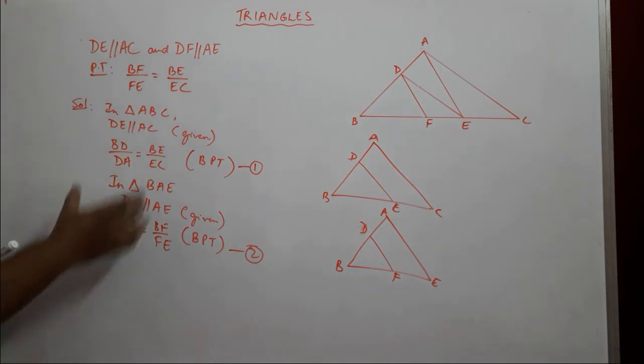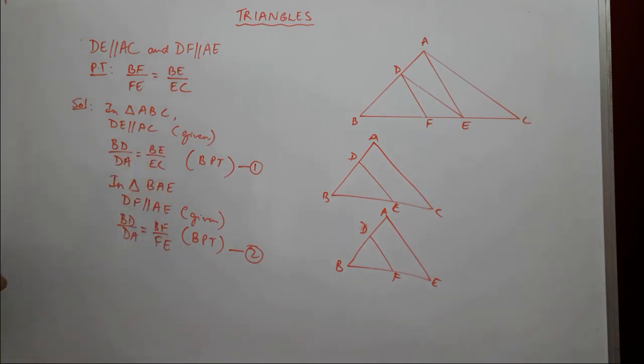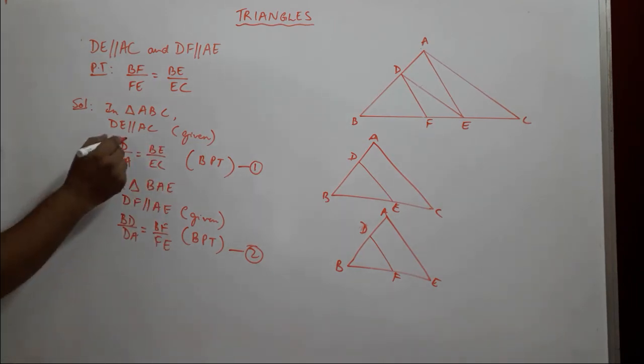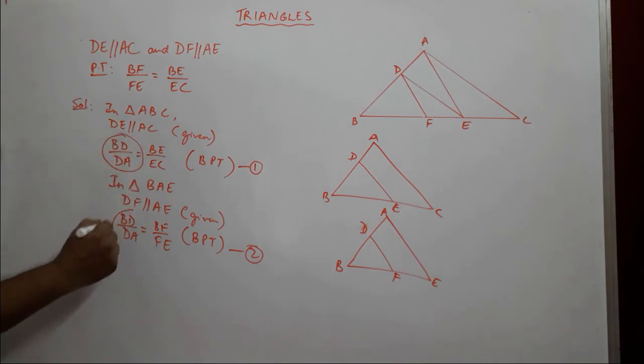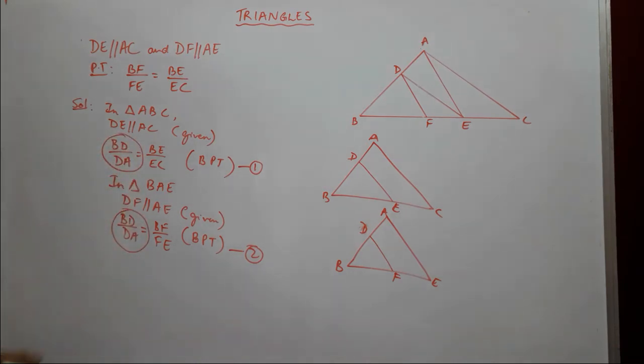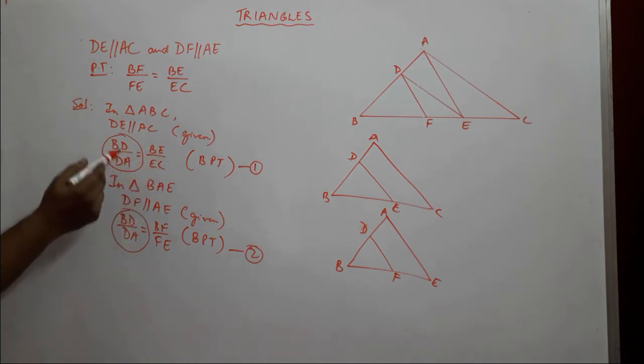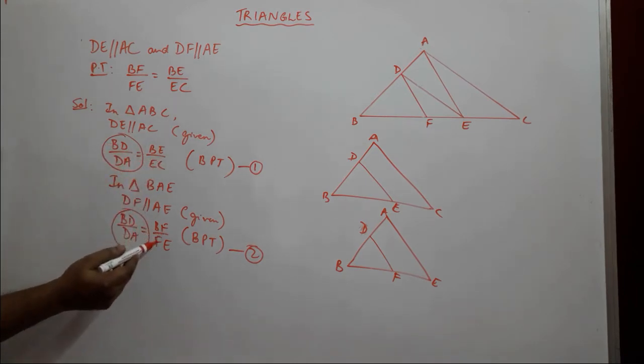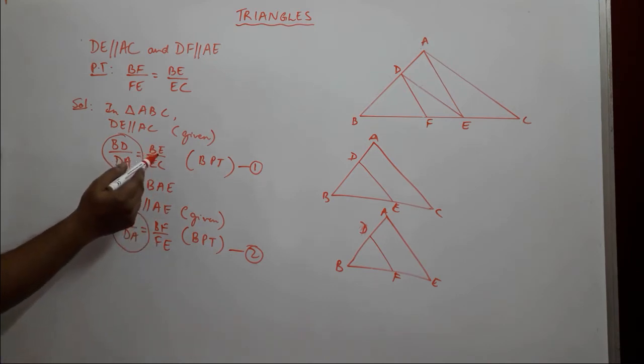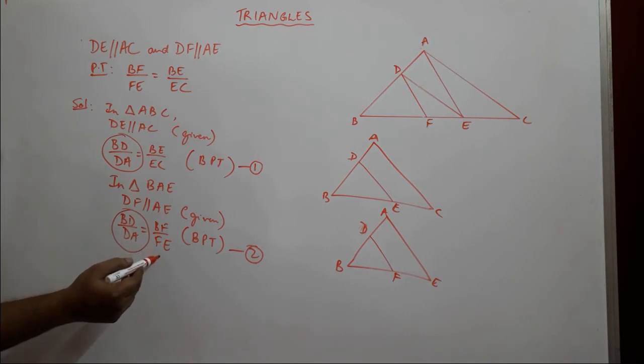Now if you have a look between the two, there is something common. What is common? BD upon DA is common. So we can say, since BD upon DA is equal to BE upon EC and BD upon DA is also equal to BF upon FE, we can say that BE upon EC is equal to BF upon FE.